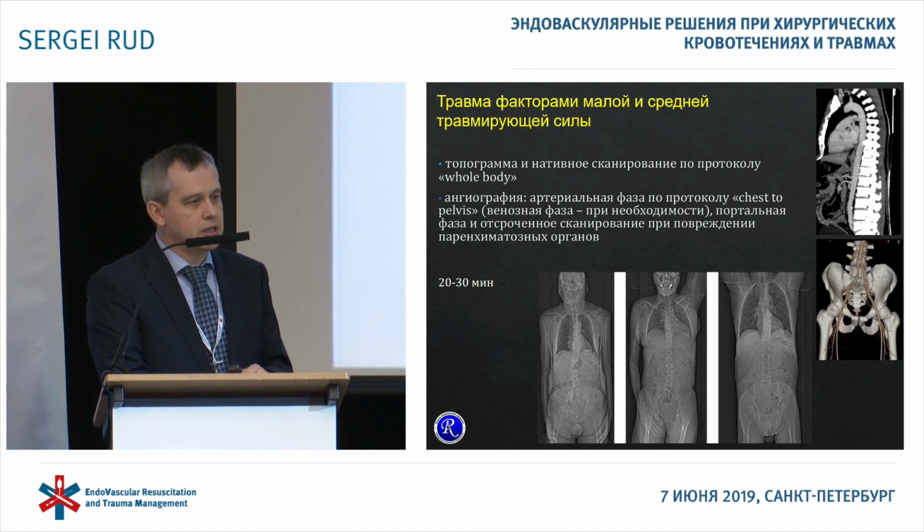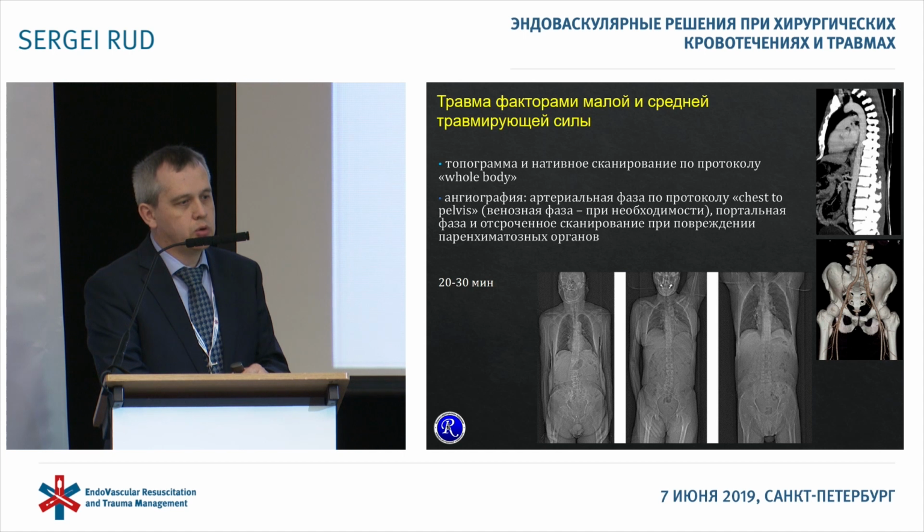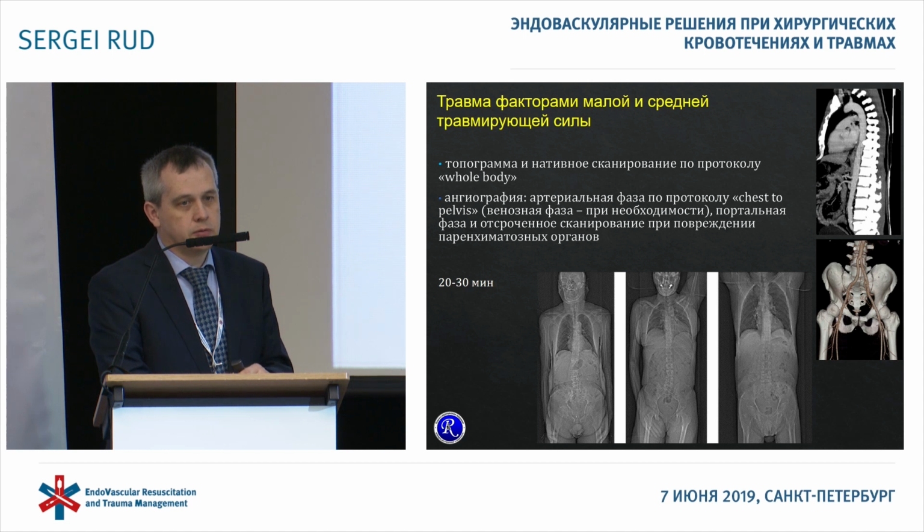What should be said here? Native and contrast CTs will take around 20 to 30 minutes each. Hence, we can carry them out only if the patients are hemodynamically stable.